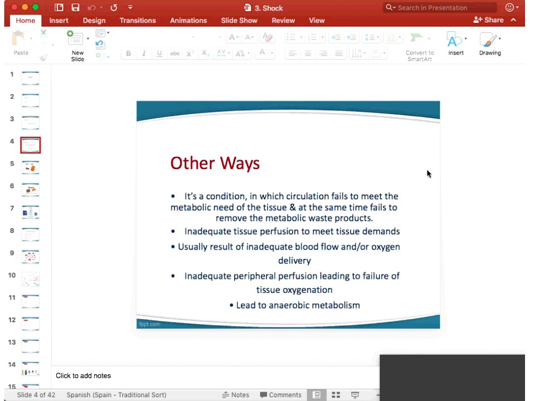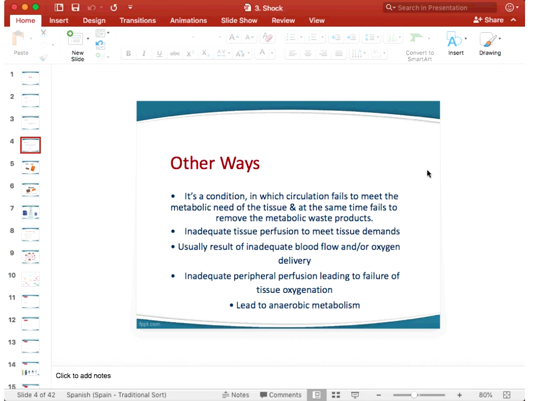It's a condition where circulation is not enough to meet the metabolic requirements, so there's not enough perfusion to salvage every metabolic pathway. Therefore, there's suffering from the tissue and eventually loss, and if the situation continues, death.